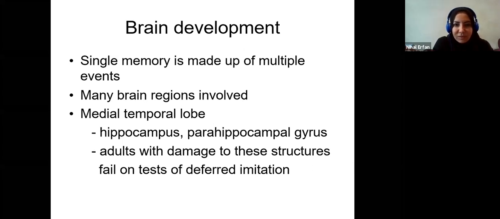You guys are much better than me in anatomy, it's been forever. So the hippocampus, parahippocampal gyrus. Adults with damage to these structures fail on tests of deferred imitation. Remember what deferred imitation is: to see something and then later on, without prompts or cues, repeat the same thing based on stimuli that are seemingly neutral in the environment.